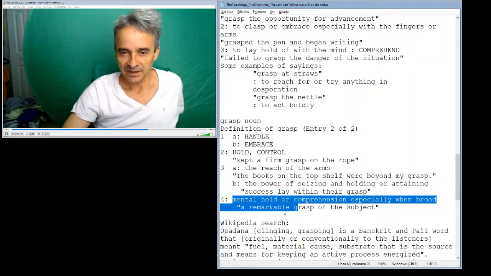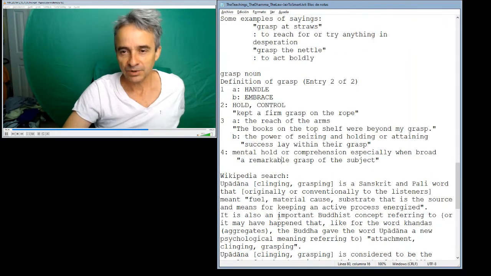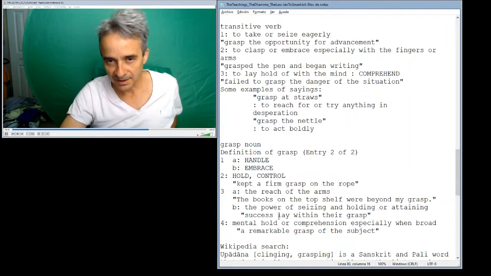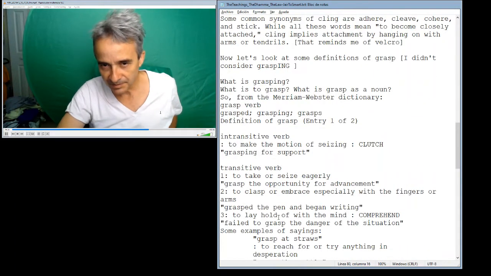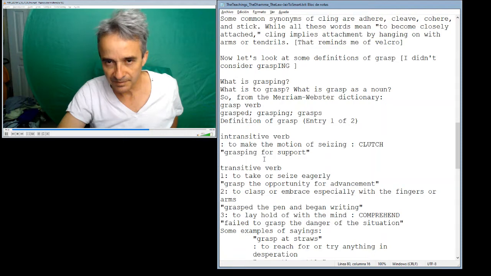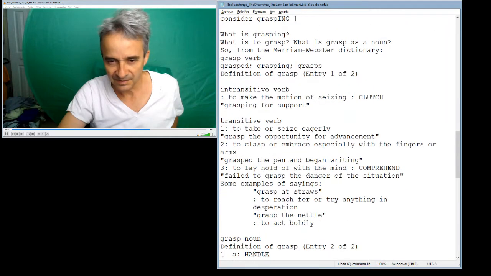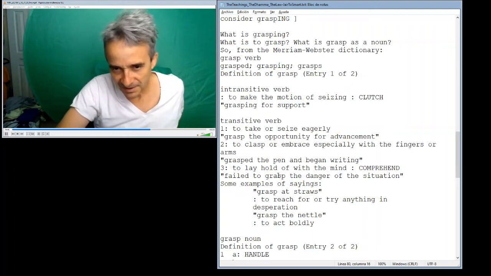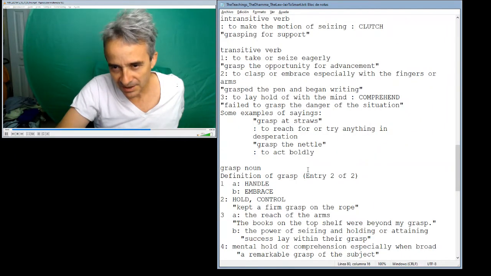But the word that we're looking for is grasping, so we have to look at it as a verb. It's very physical, to take or seize opportunity.